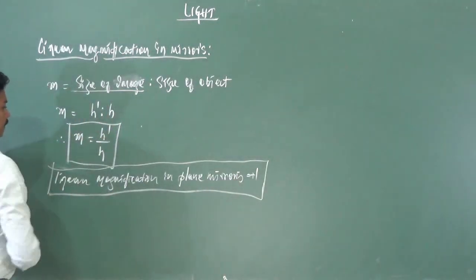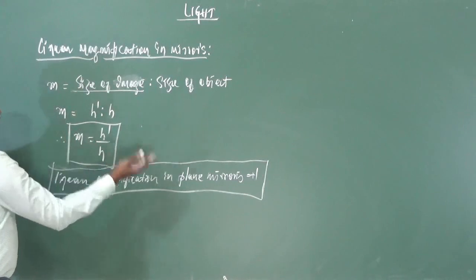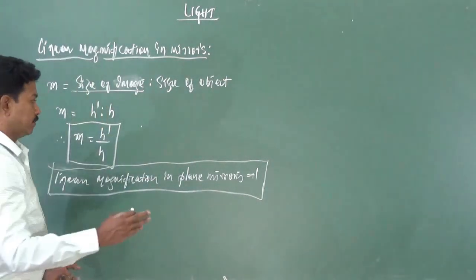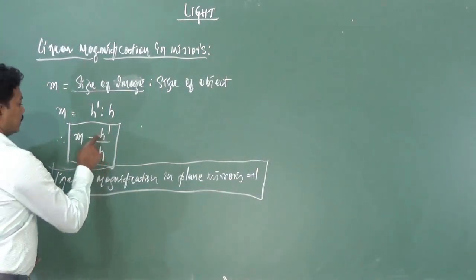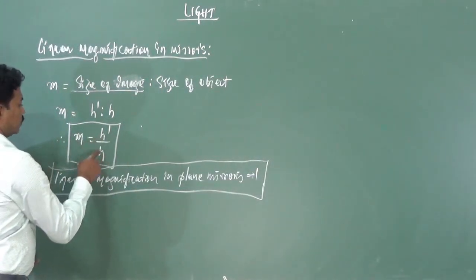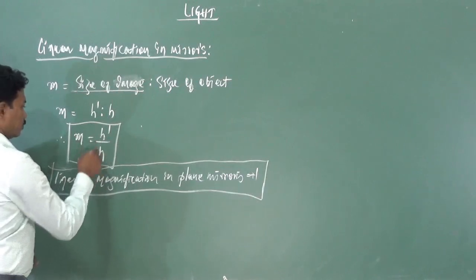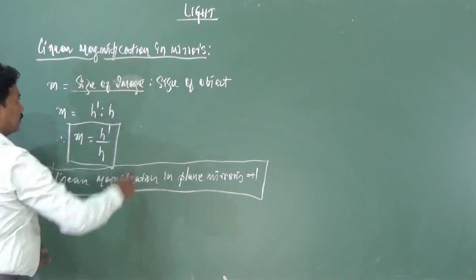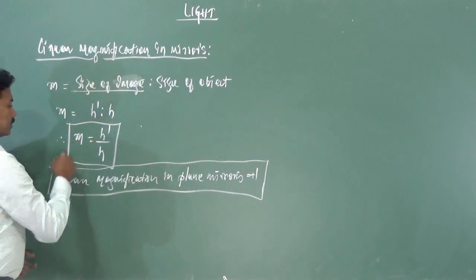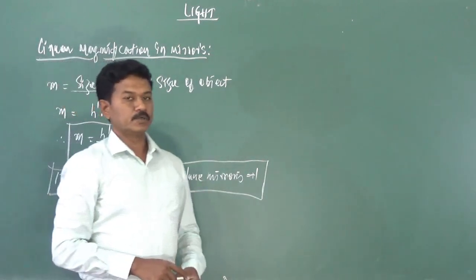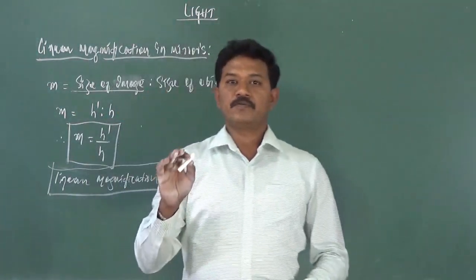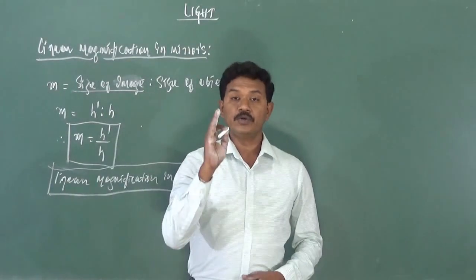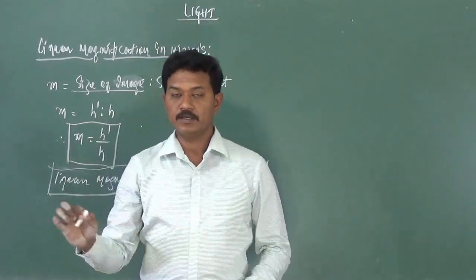In case of the other two mirrors, that is curved mirrors, concave or convex, the linear magnification is the ratio between the size of the image and the size of the object. The name given for this ratio is linear magnification, represented by a small letter m. It is applicable for both the mirrors, and it doesn't have any units.